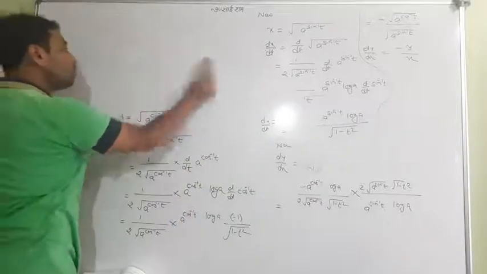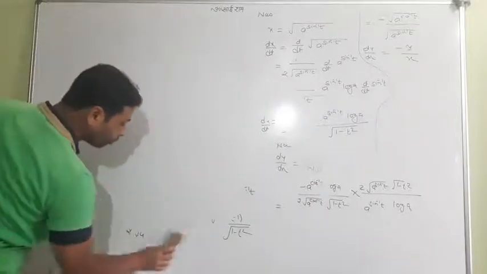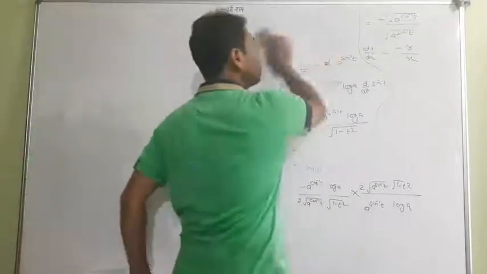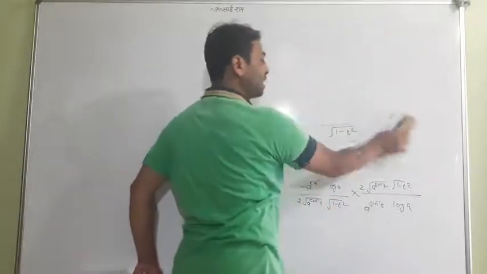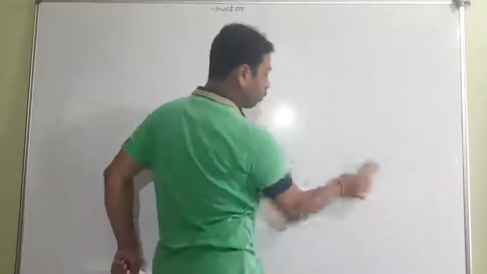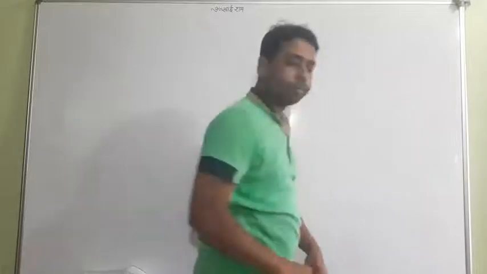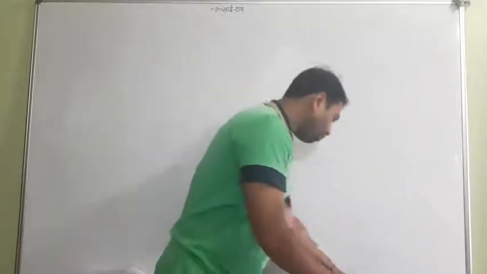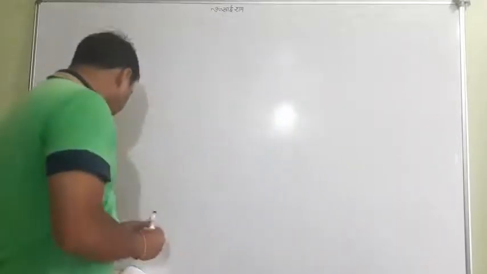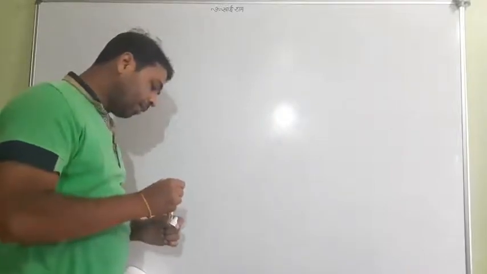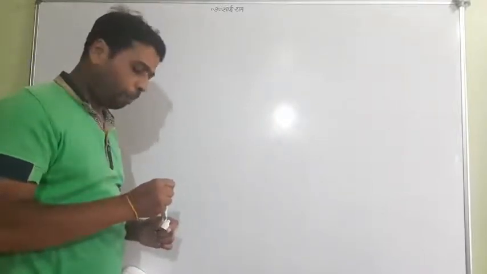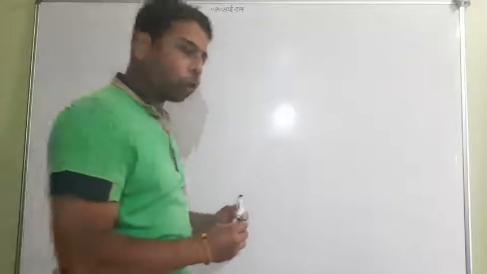Now let me remove this, and I'll move on to the next topic, because this is enough. Some examples and some questions of the exercise I already explained properly. So I'll now move on to the next topic, which is second order derivative. This is an important topic.